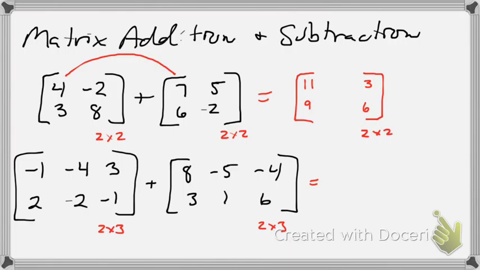And we're just going to add the corresponding parts. Negative 1 plus 8 is 7. Negative 4 plus negative 5 is negative 9. 3 plus negative 4 is negative 1. 2 plus 3 is 5. Negative 2 plus 1 is negative 1. Negative 1 plus 6 is 5.